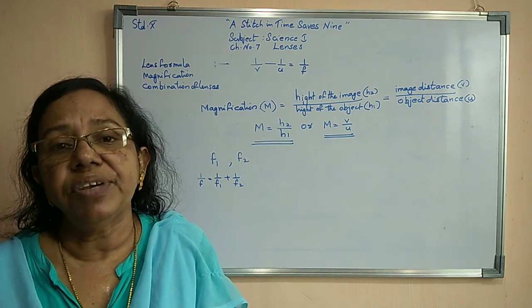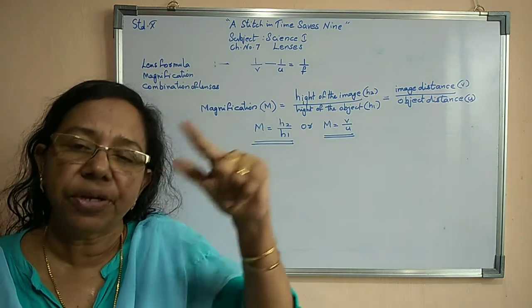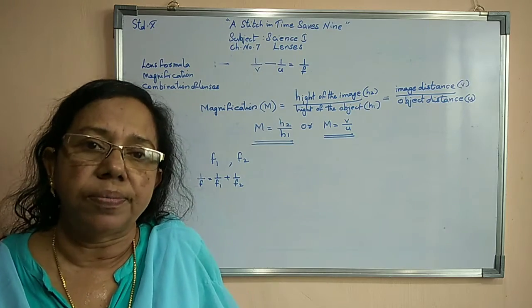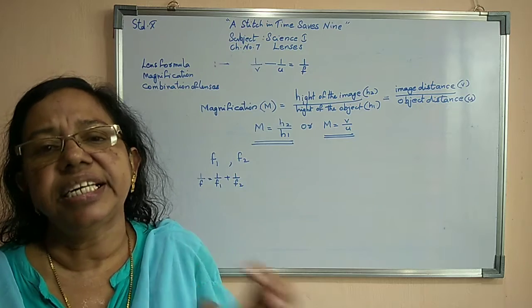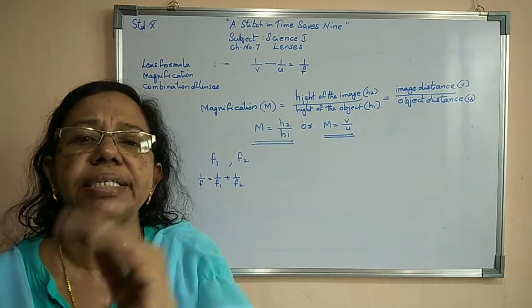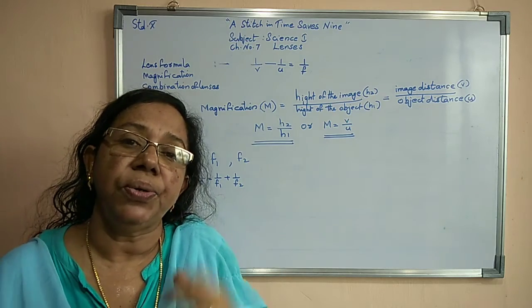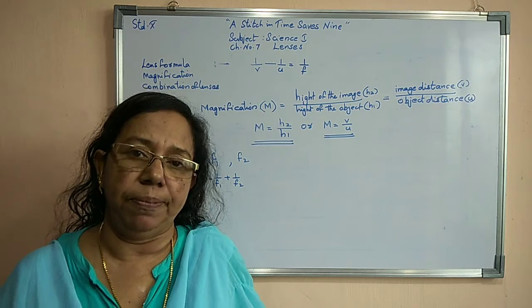For finding the magnification, h2 upon h1, where h2 is the height of the image and h1 is the height of the object. Or take the distance of the image as v and the distance of the object as u. Then magnification m is equal to either v upon u or h2 upon h1.